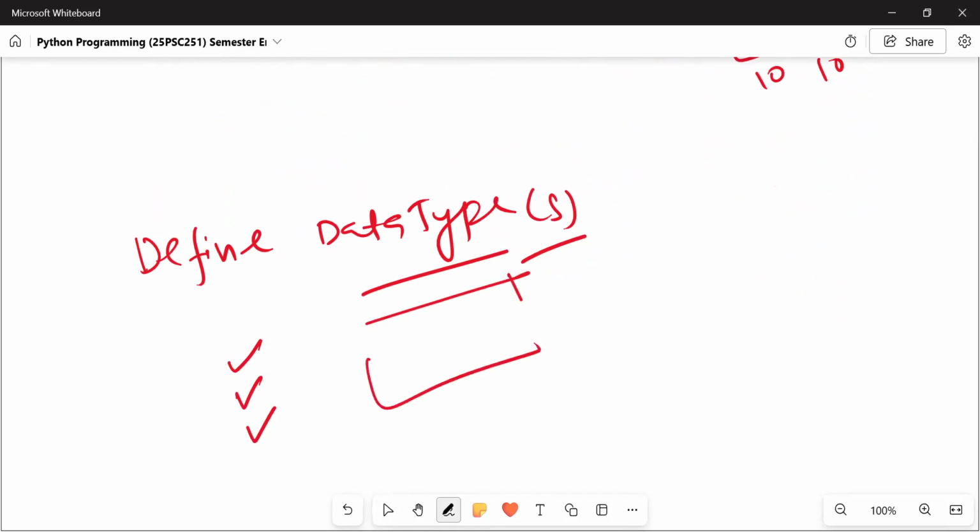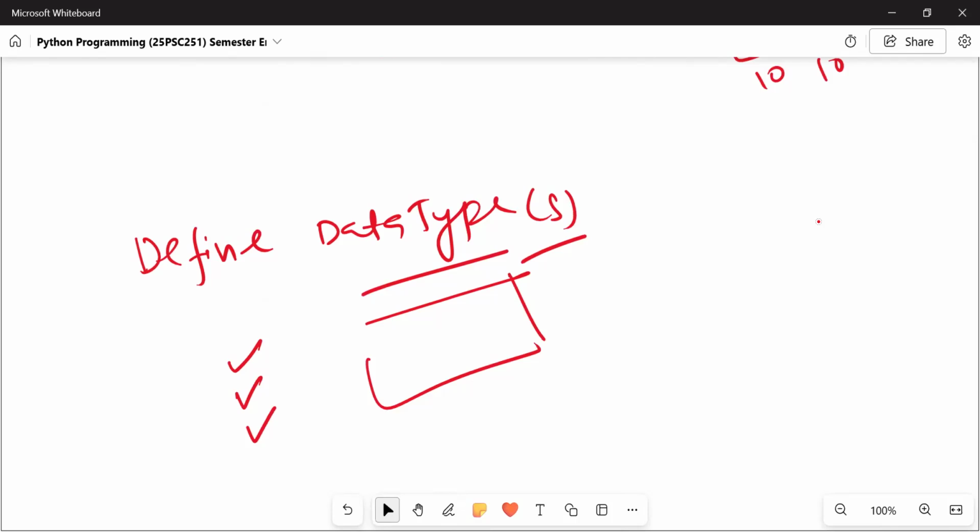You may apply a chart, a graphical pattern. I have given that graphical pattern. These are the main data types. Under that, these are the belonging data types. After that, one line of explanation, one line of syntax, and one line of example you may apply to define these data types. So this is called a descriptive paper.